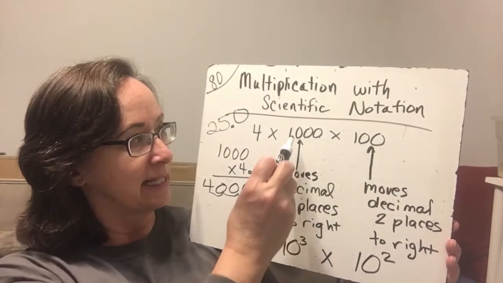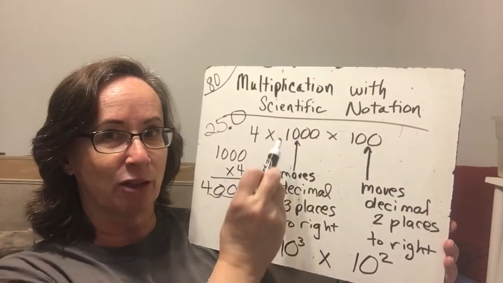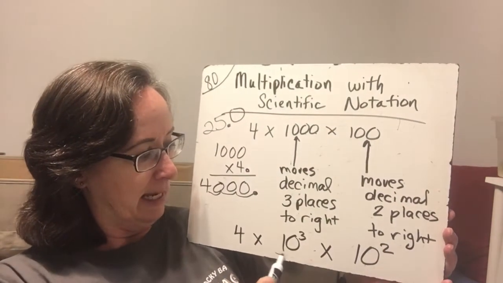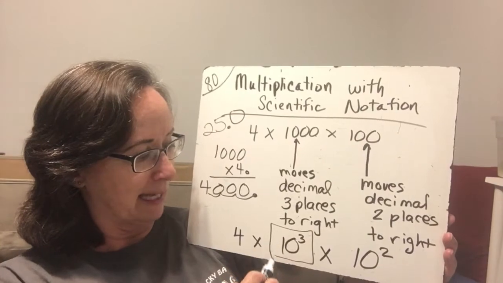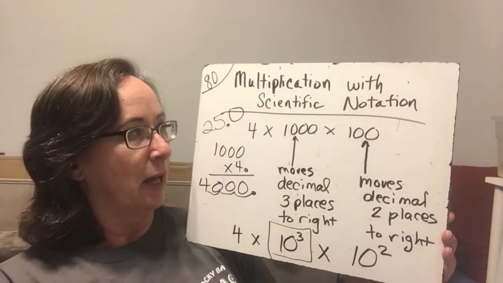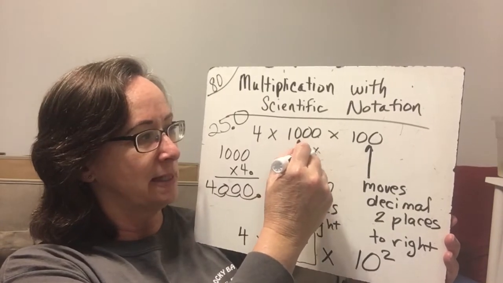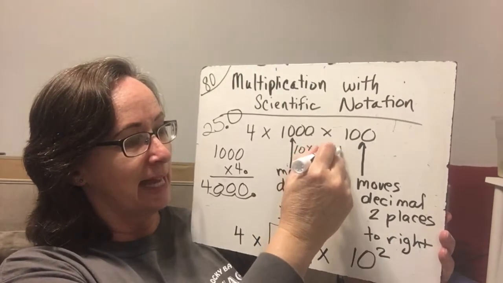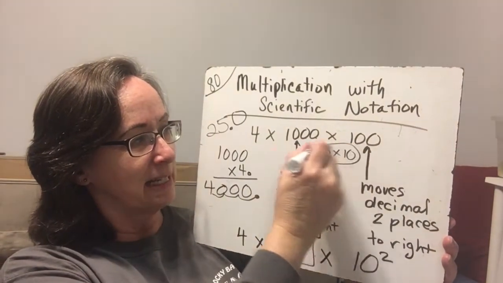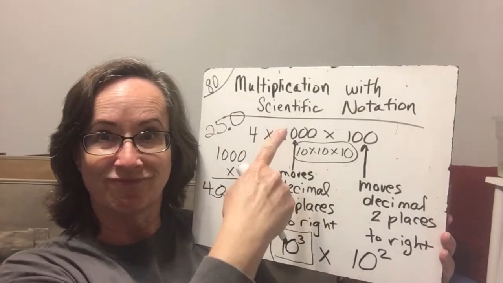And since the 1,000 had 3 zeros, it is also the same thing as 10 to the third, because 10 to the third means 10 times 10 times 10, and doesn't 10 times 10 times 10 equal 1,000?